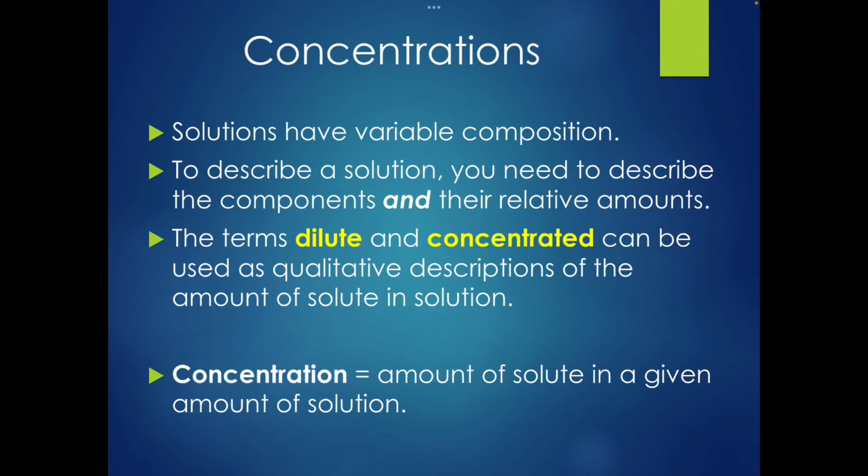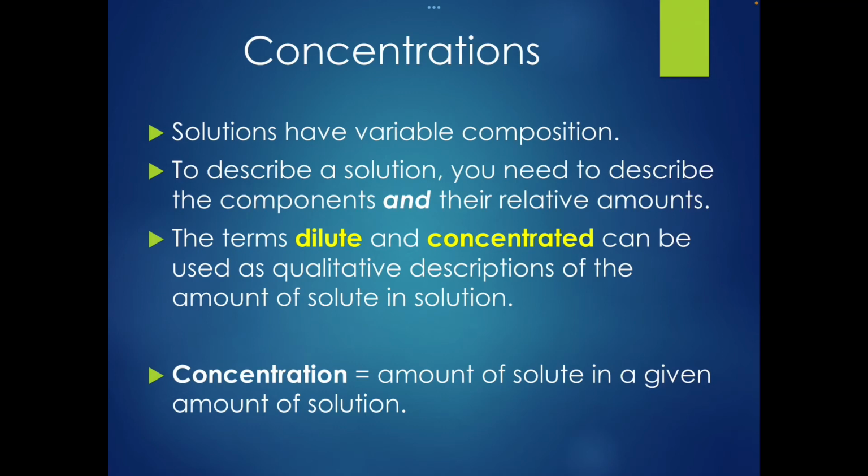Okay, so we've talked about solubility, but now we need to talk about concentrations, because solutions can have what's called a variable composition. For example, if I was going to make some salt water at home, if I added just a pinch of salt to, say, a pot of water, that is probably going to be unsaturated, right?